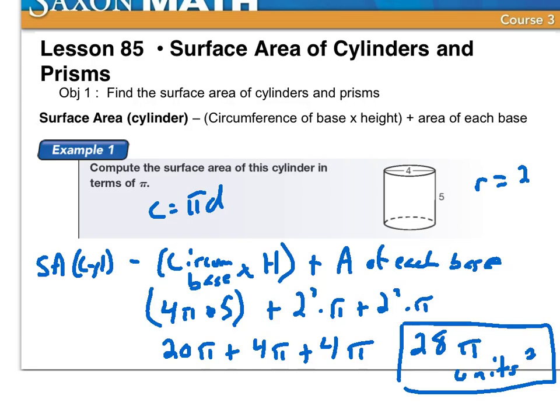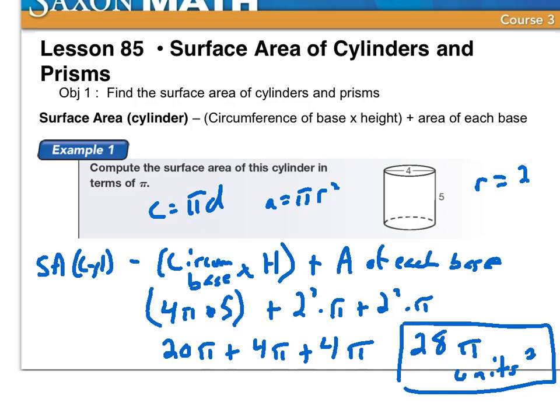Plus, then we had to find the area of each base. So we found the area of the base, which is pi times radius squared, and we added that up twice because we have 2 bases. Add that all together and we got 28 pi units squared. And again, we're leaving it because it says compute in terms of pi.